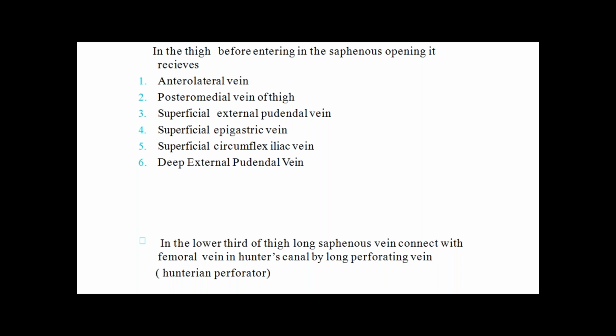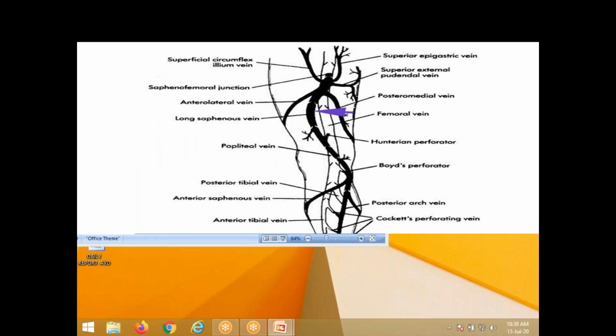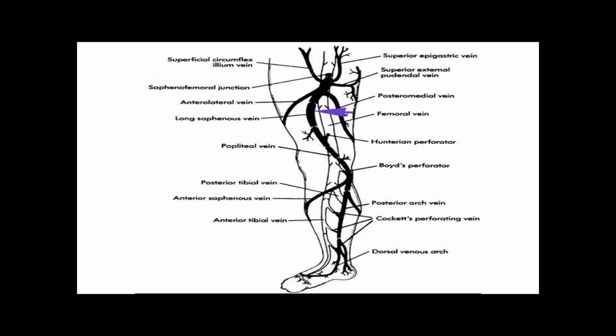So in the lower third of the thigh, the long saphenous vein connects with the femoral vein in Hunter's canal, or adductor canal, by a long perforating vein that is called the Hunterian perforator. So this is the diagram showing all the main tributaries of the long saphenous vein which drain into the deep vein, that is the femoral vein, and the others are the perforators.